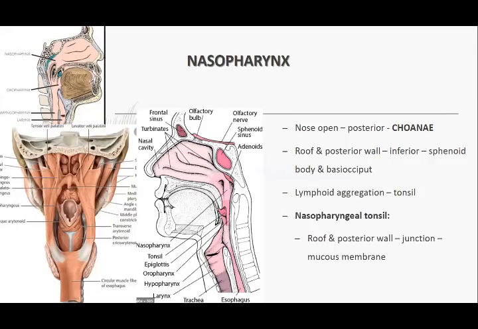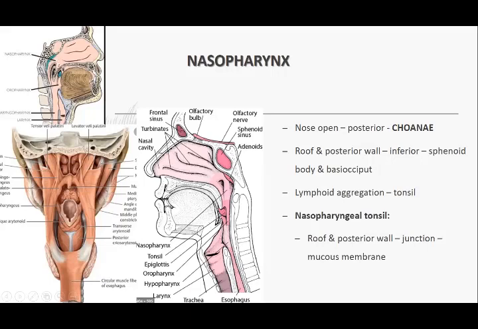Let's start with the nasopharynx. We'll do a few facts about the nasopharynx and then we'll wind up. One thing to note: the posterior end of the nose, behind this, is the nasopharynx. The anterior opening of the nose, as I told you, is called the nares or nostrils. The posterior opening of the nose is called the choana. This is not the concha, it is the choana. This is the posterior opening of the nose.